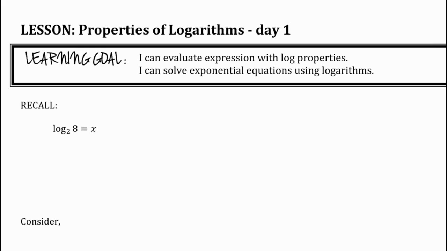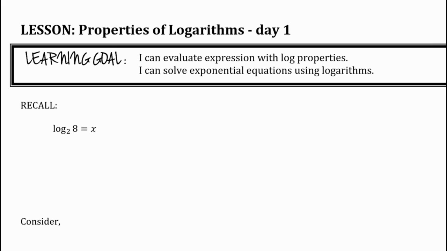So, we're going to hopefully get deeper into that today with the lessons that we're doing. This lesson, and the next one, is all about a few logarithmic properties, some of which, a couple in particular, are really, really big deals, really important properties that we're going to need to know.